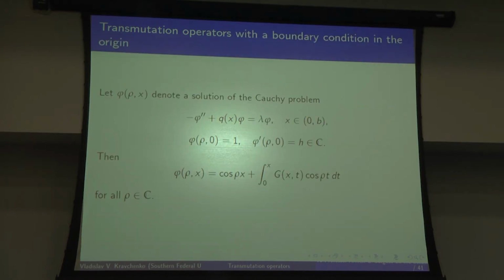The second transmutation operator is the operator with the boundary condition at the origin.